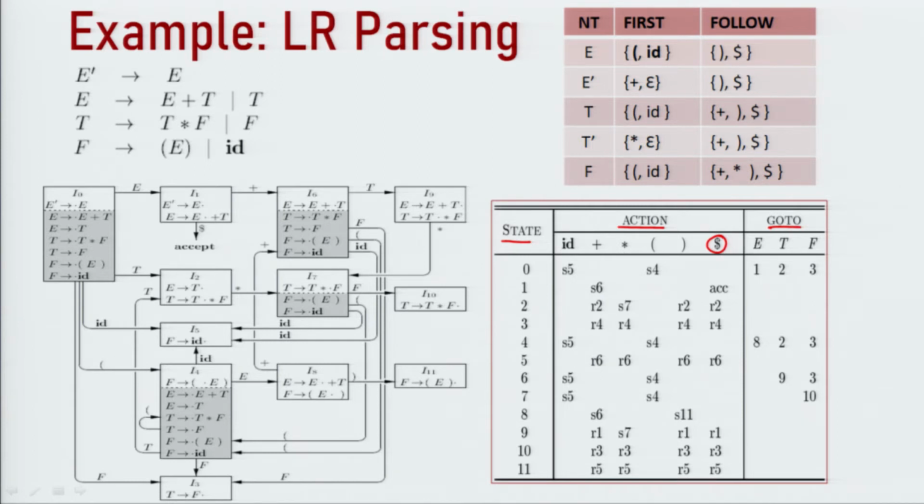Now, here basically 4 types of actions are there. One is with respect to shift, second is with respect to reduce, third is with respect to accept, and last is error. So, we know blank entries are error and accept will be only 1. Now, we will look at shift and reduce, one by one.